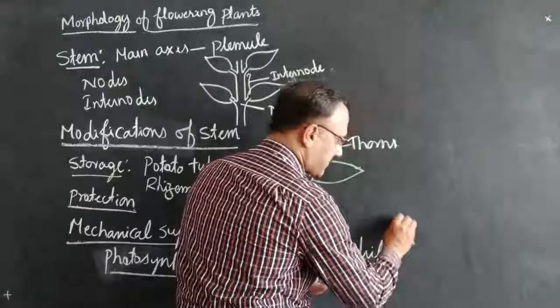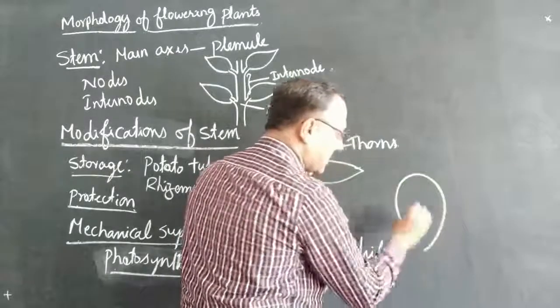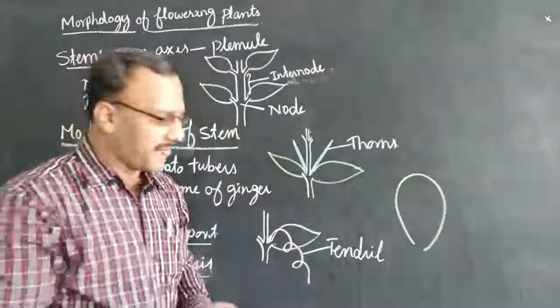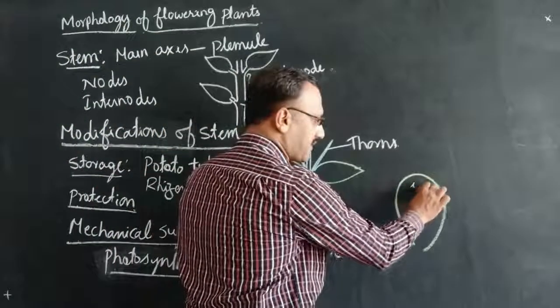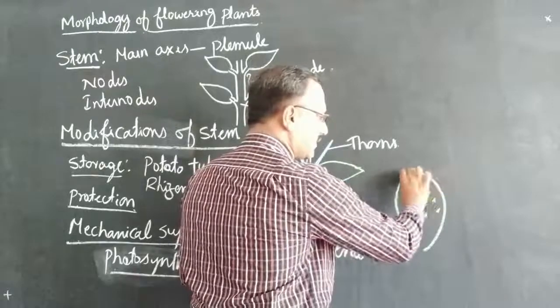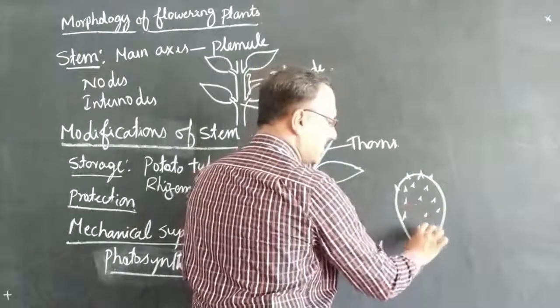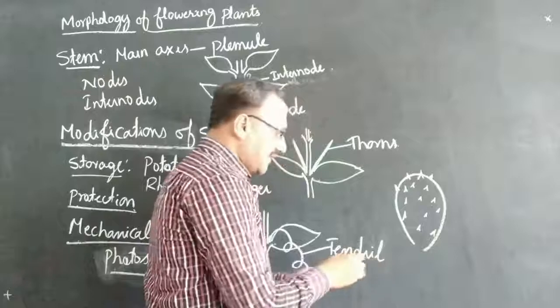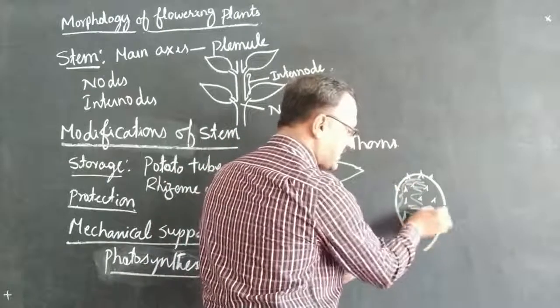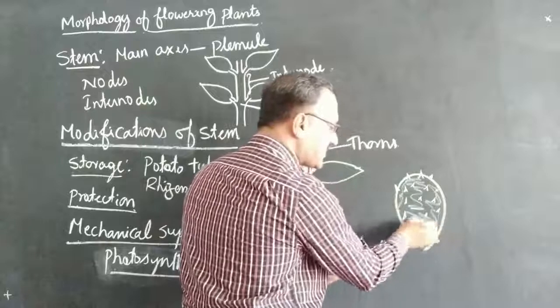The stem is green and succulent, that is fleshy, bearing a number of spines. You might all have seen the opuntia or cactus: the entire stem is bulged, thick, as well as green in nature.